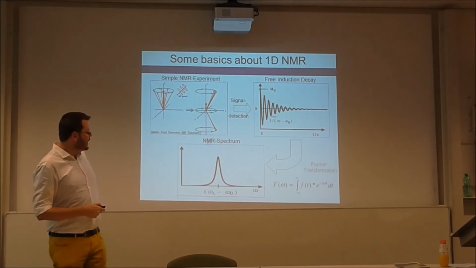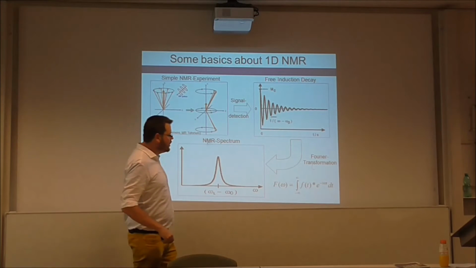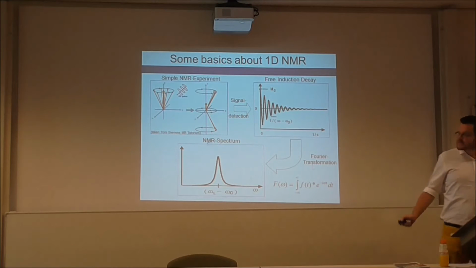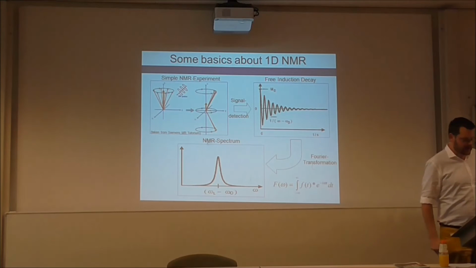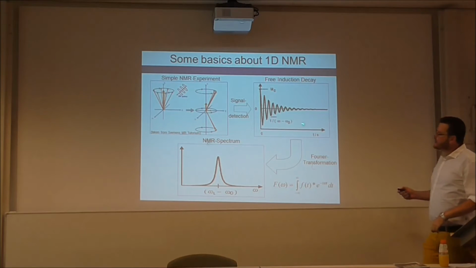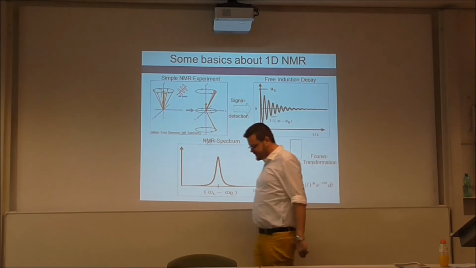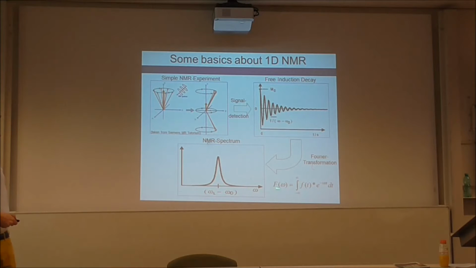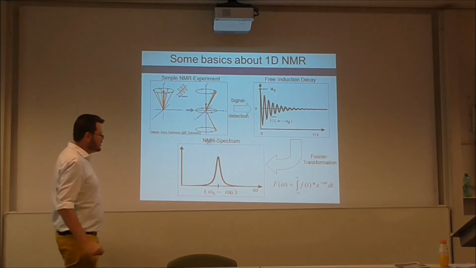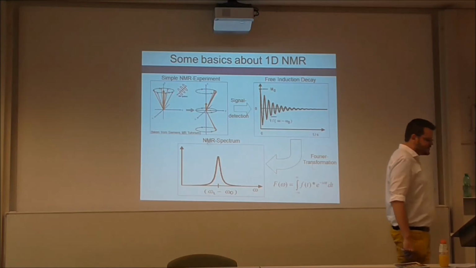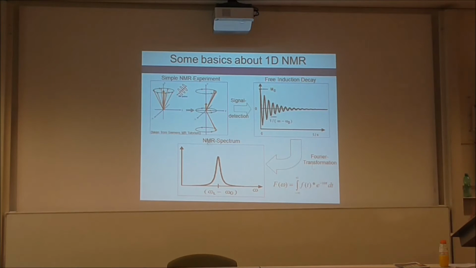And mathematically, we can perform a Fourier transform to convert that from the time domain to a frequency domain. I guess many of you have seen this. So we have this decay, we perform a Fourier transform, and we obtain an NMR spectrum, where the x-axis is now in terms of frequency, not time, and the y-axis is essentially intensity.